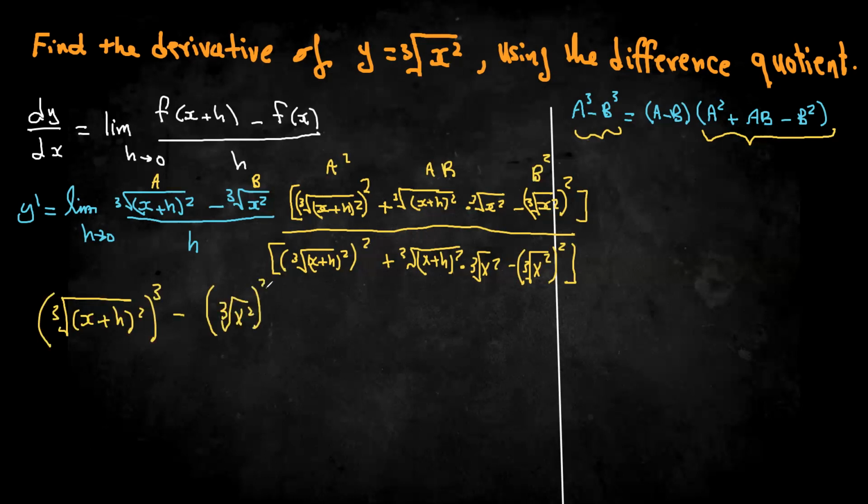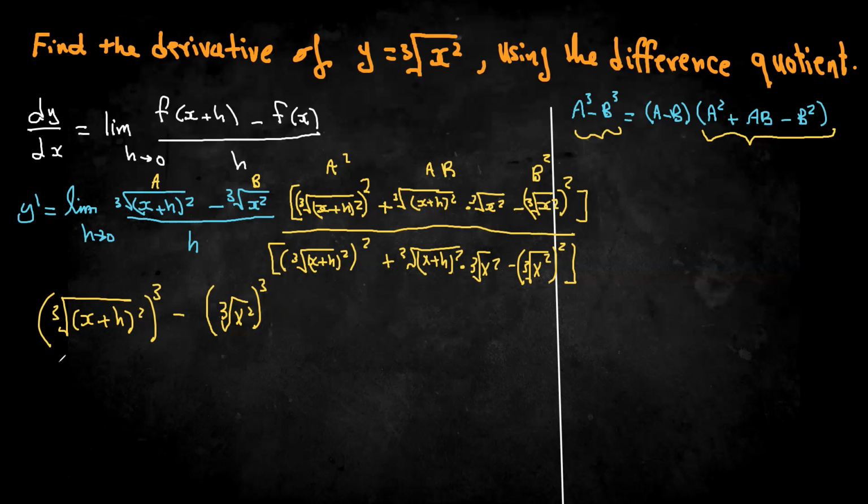What I'm trying to say is that we converted this into this equation. This is a minus b, so we needed to multiply all of this by a squared plus ab plus b squared. If we do that, we end up with this.